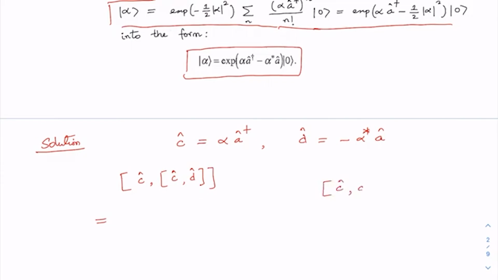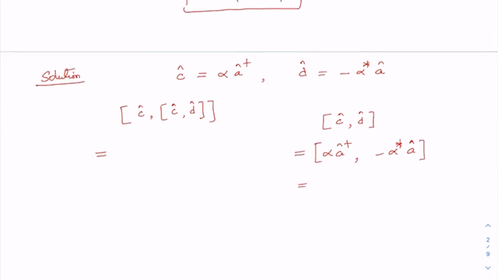Before I do this, let me find out what is [C, D], the commutation relation between C and D. That would be alpha A dagger here, D is equal to minus alpha star A, and this I can write as minus mod alpha square times [A dagger, A], and [A dagger, A] is equal to minus 1 because [A, A dagger] is equal to 1. So I will have simply mod alpha square.